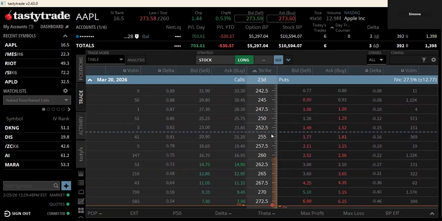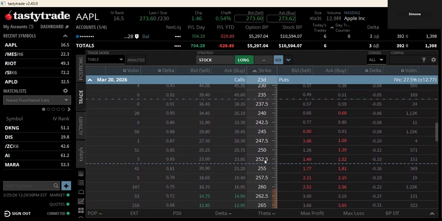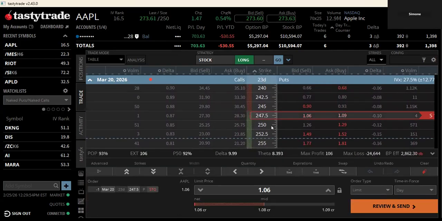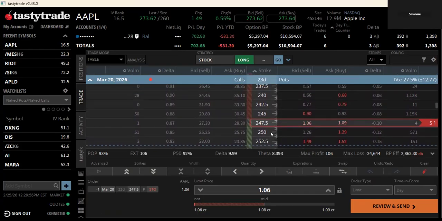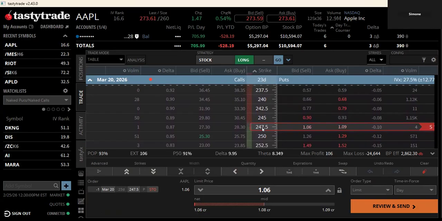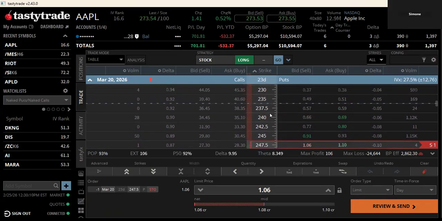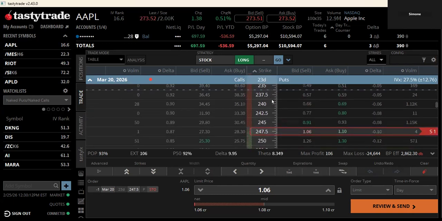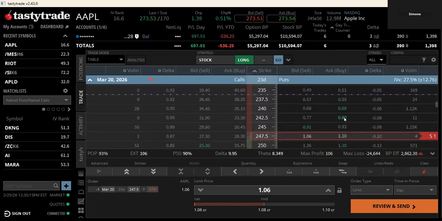So I think the best thing to do on credit spreads is go to, let's say, a 10 delta. So you sell the 10 delta. Let's see, we do 5 points wide. So 47.50, that would be 42.50 right here.